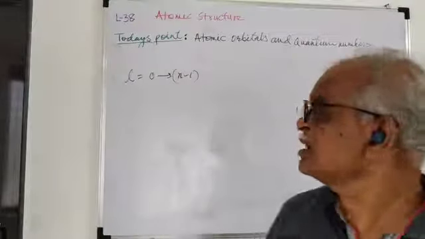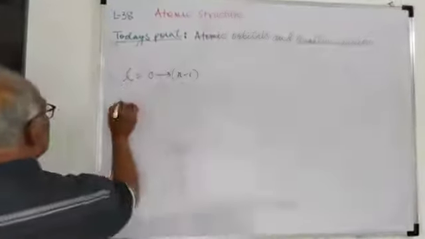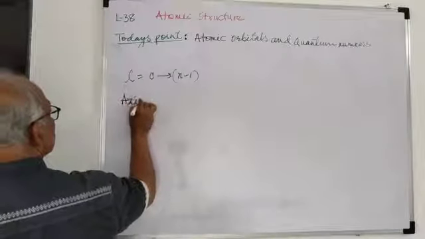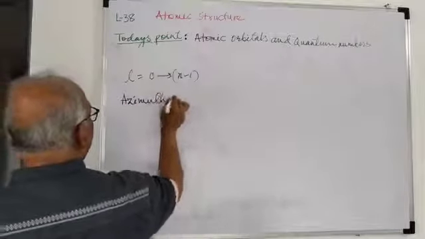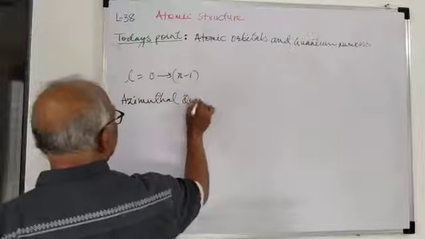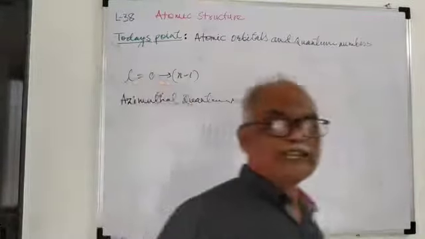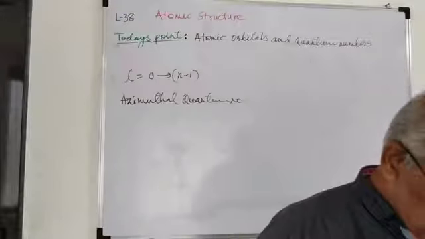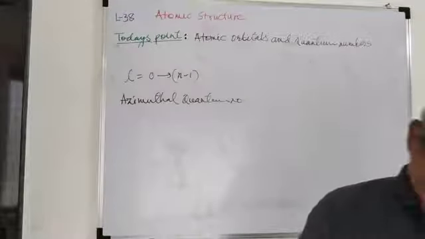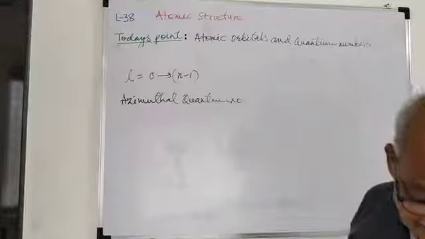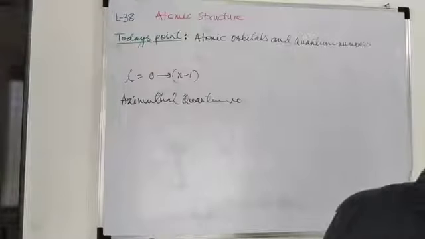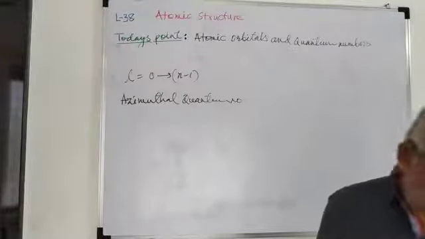It is also called the azimuthal quantum number or angular momentum quantum number. It determines the angular momentum of the orbit.